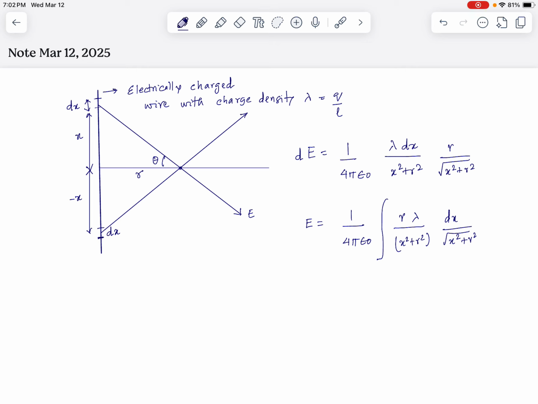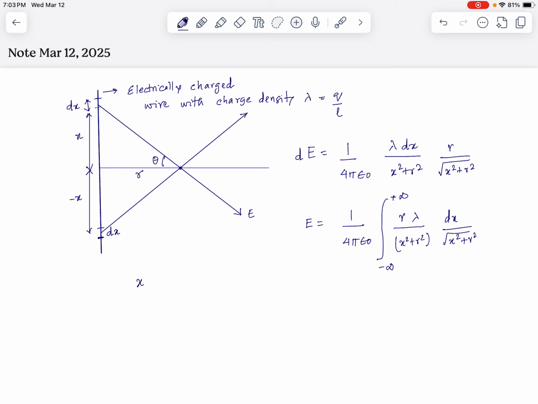The length of the wire goes from minus infinity to infinity. This is valid as long as r is much less than the length of the wire, as I said before.